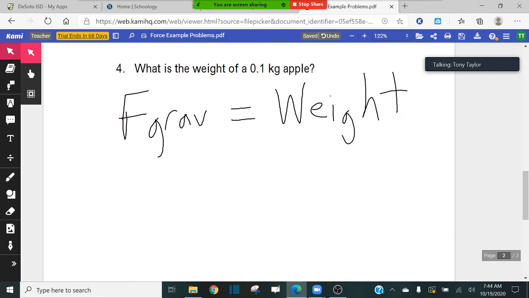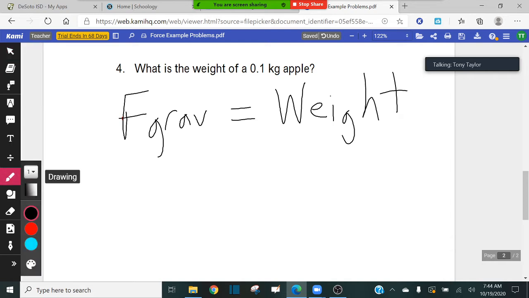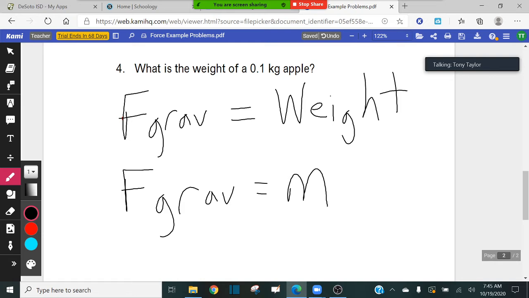Now, if y'all remember last week, I gave you this equation that the force of gravity is equal to an object's mass multiplied by the acceleration of gravity itself. So, what is the acceleration of gravity?